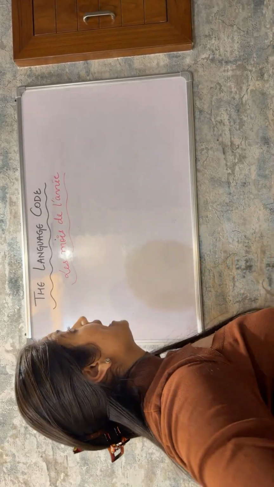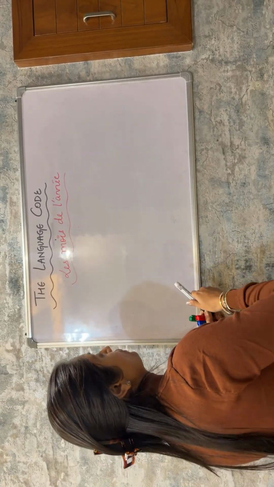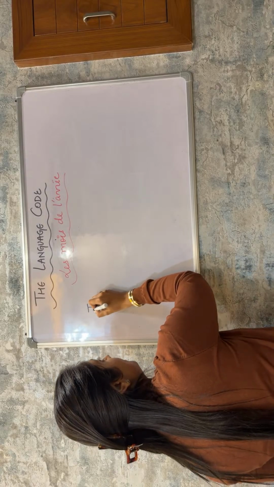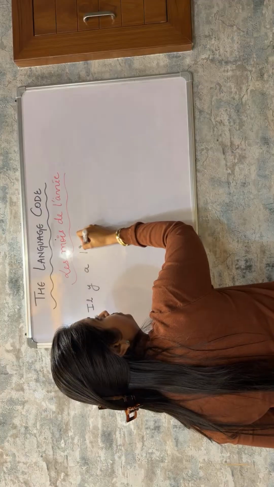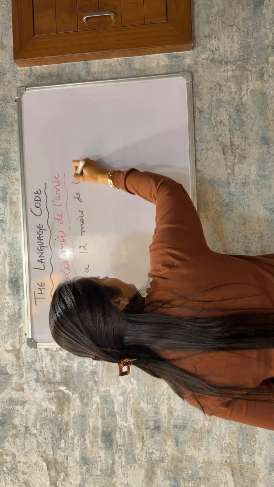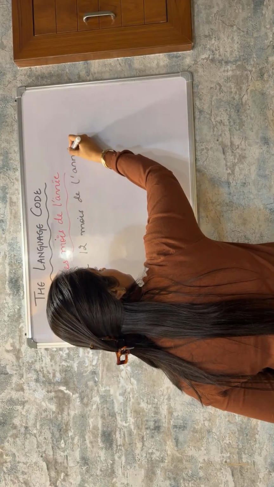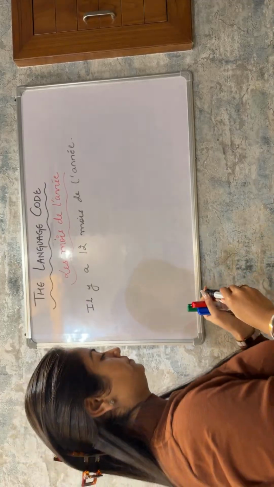Okay, first of all, how many months are there in a year? So there are 12 months in a year. Il y a, oui, 12 mois de l'année. Oui, there are 12 months of the year.